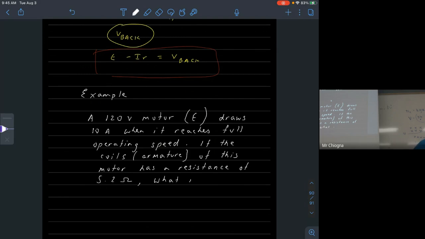What is the back EMF? The V back, what is that?